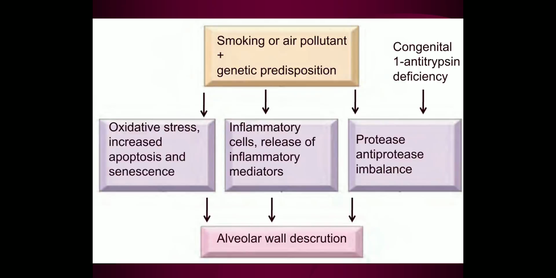So antitrypsin is actually an antiprotease. Okay, so what happens if the antiprotease or the antitrypsin is deficient? That will result in increased protease activity. So protease activity means there will be increased destruction of the proteins, that is the elastic fibers of the alveoli. So that results in alveolar wall destruction.